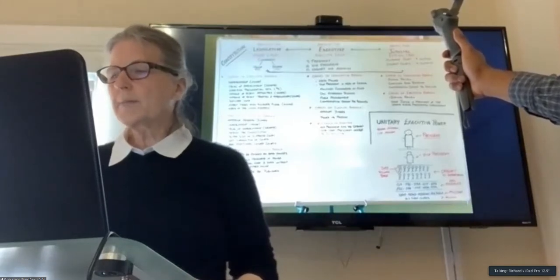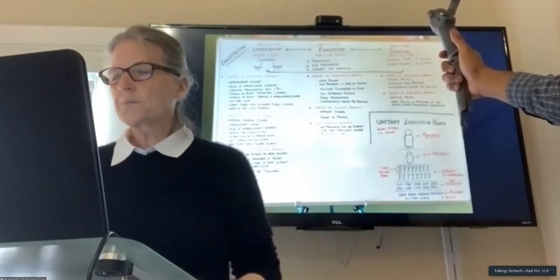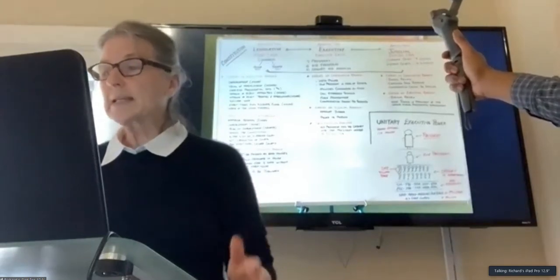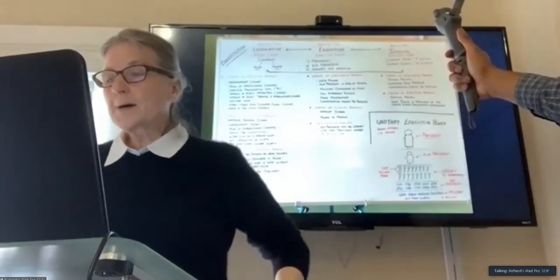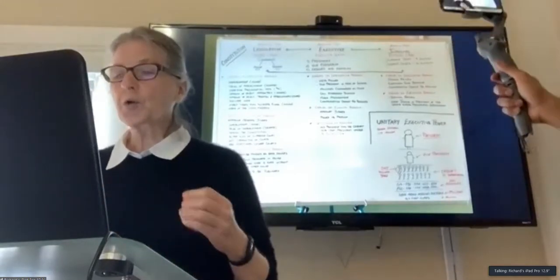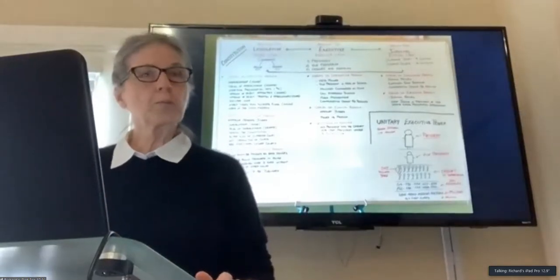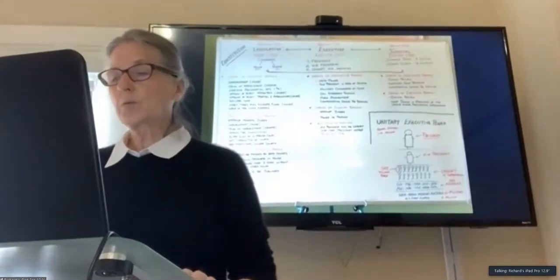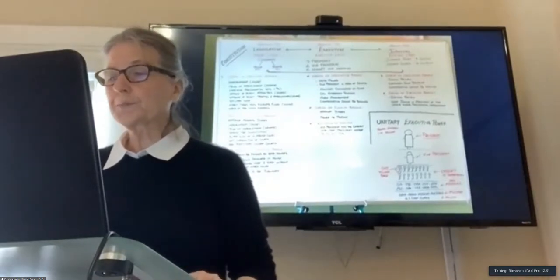In fact, the first time a tie-breaking vote was cast was on July 18th, 1789, and they voted to protect the president's sole authority over the removal of appointees. Keep that in mind and I'll bring that up tomorrow also.